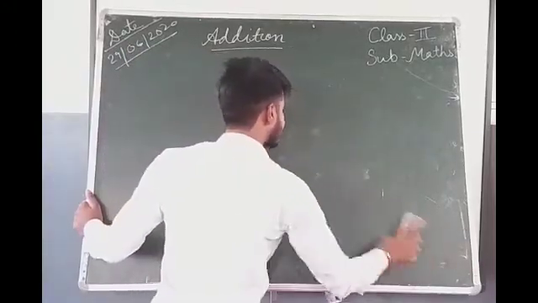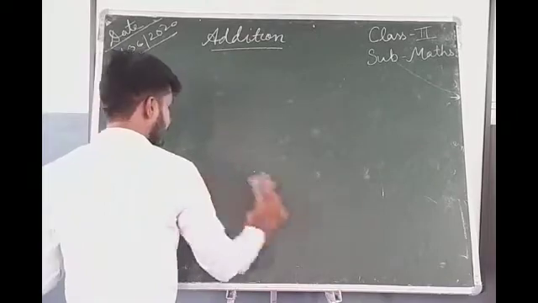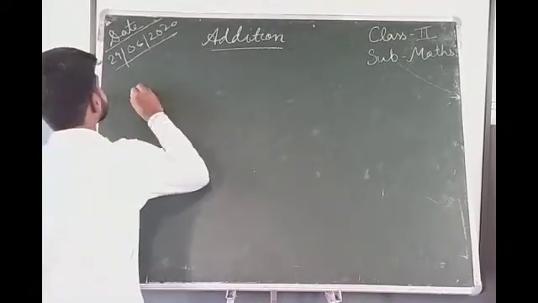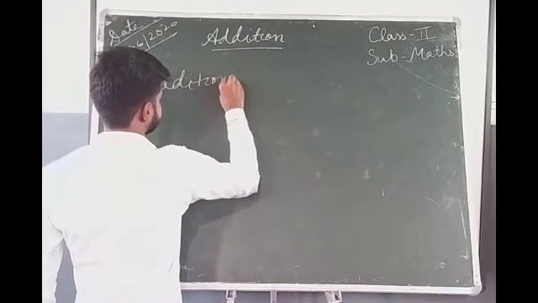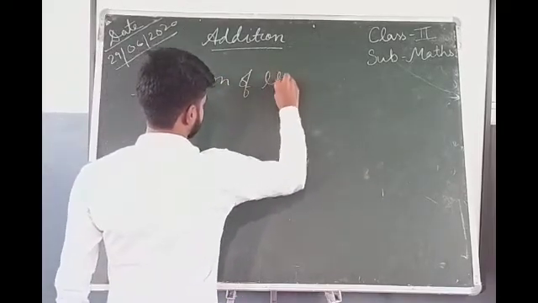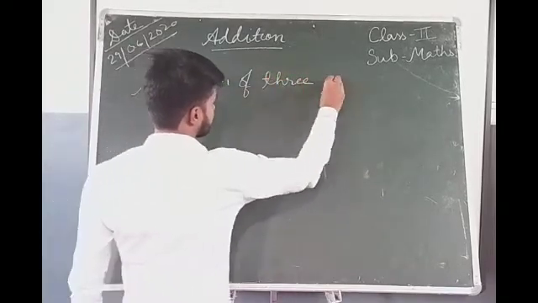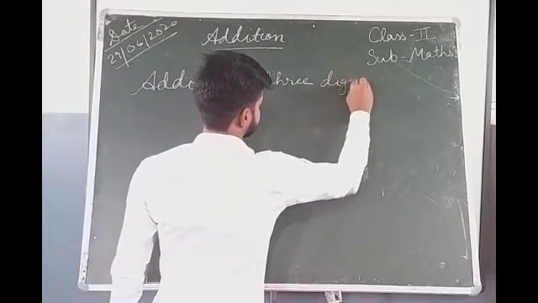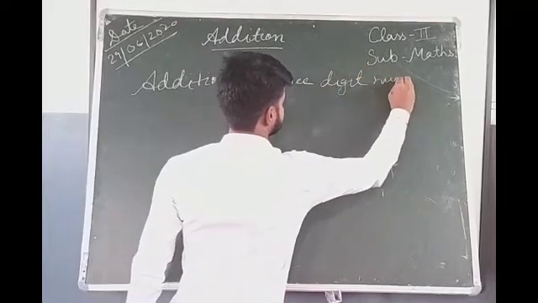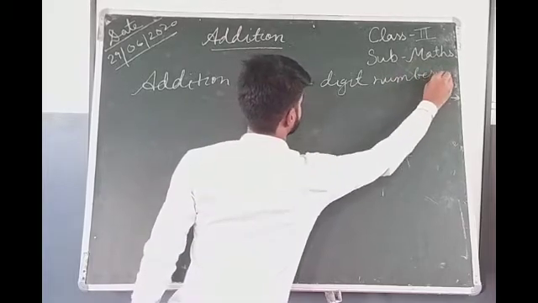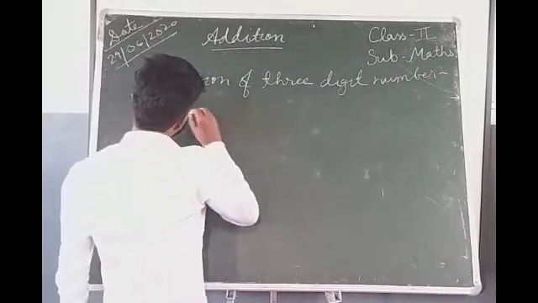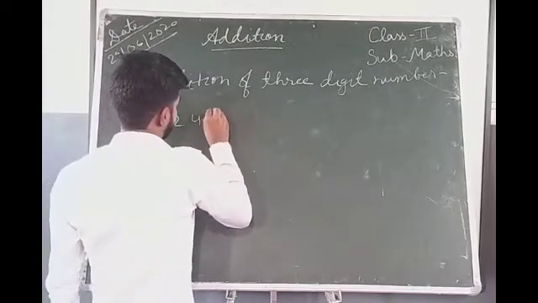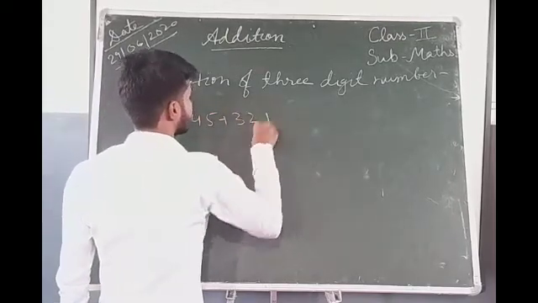Next we will learn about addition of 3-digit numbers. So what is this? 245 plus 321.